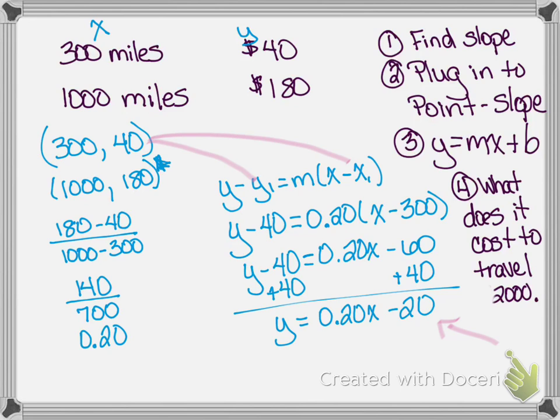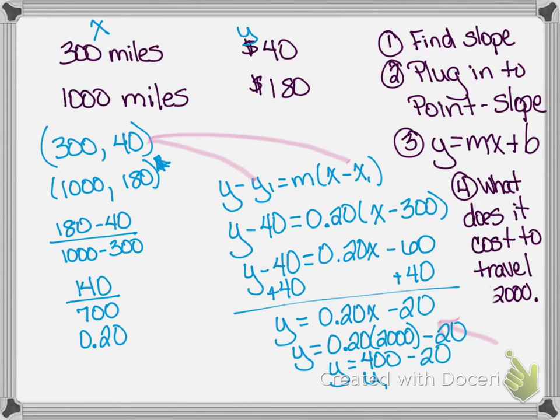You're exactly right. It was 2,000 miles. So I would do y equals 0.20 times 2,000 minus 20. Okay, so y would be $420, or no, $400, I'm sorry. 0.2 times 2,000 would be 400.